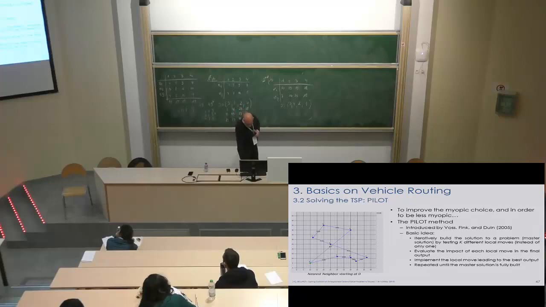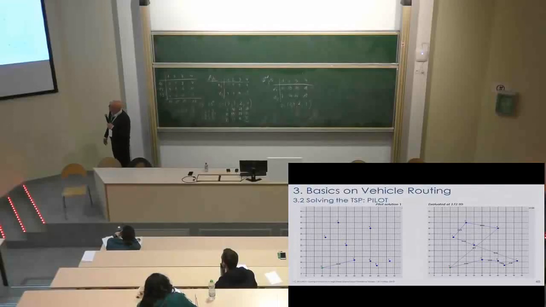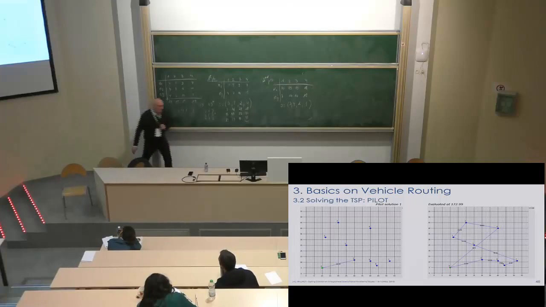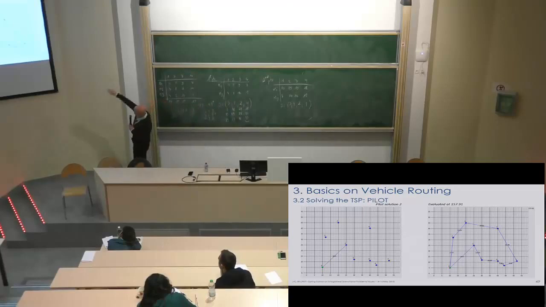So if I take this example, we start at city 0, and I will test the first neighbor, which is city 5. The evaluation of the tour is 172. And if I go now to the second nearest neighbor, which is city 1, I have a tour with 157.